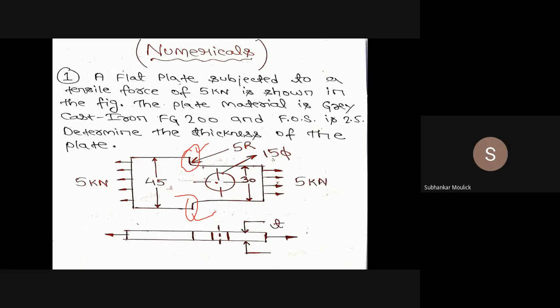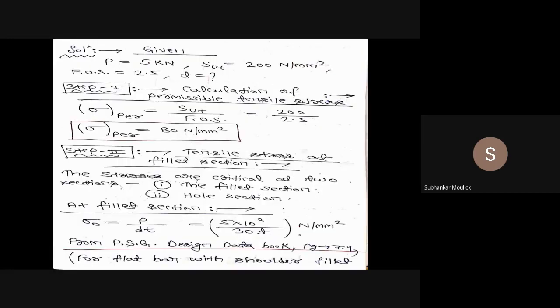For this particular fillet portion, we will find out the value of sigma max. Similarly, for this whole cross section, again we will find out the value of sigma max. Then we will see which sigma max is higher. We have to take that sigma max value in the design calculation and equate it with the maximum permissible stress value. So let us first find out the maximum stress generated in the fillet cross section.